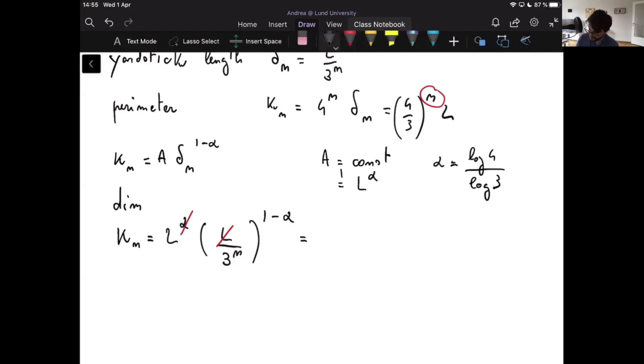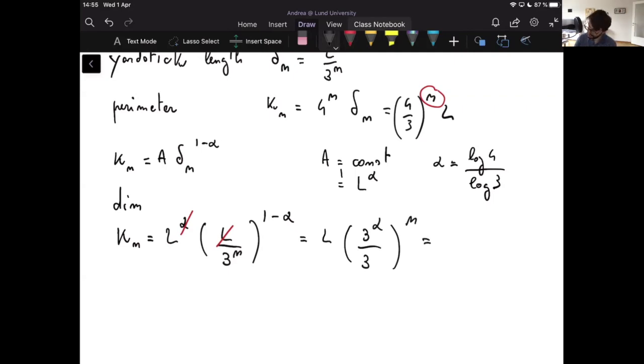You simplify the L to the minus alpha with the L to the alpha, and it remains the 1. So this is 3 to the alpha divided by 3, sorry, 3 to the alpha divided by 3 is just 1 divided by 3. So I hope this is all clear to you, that I can do this.